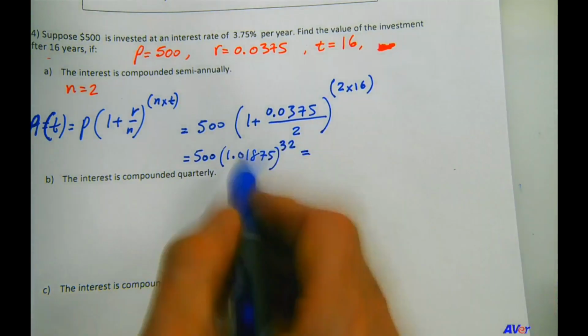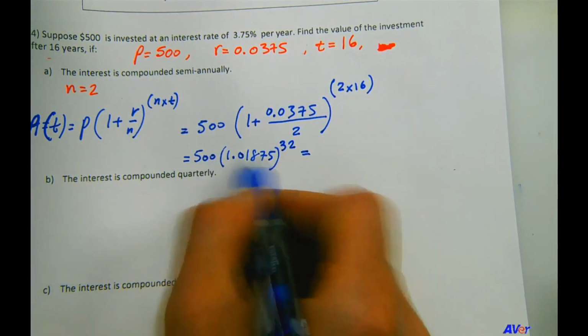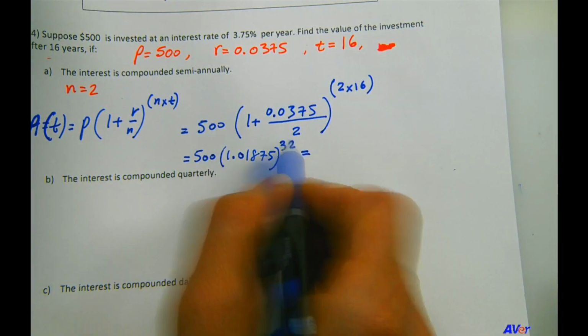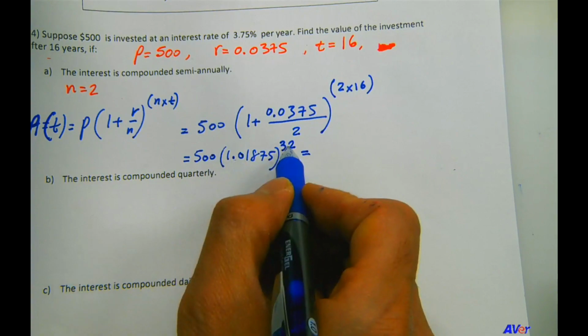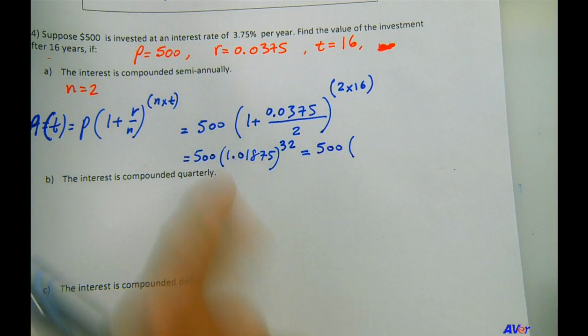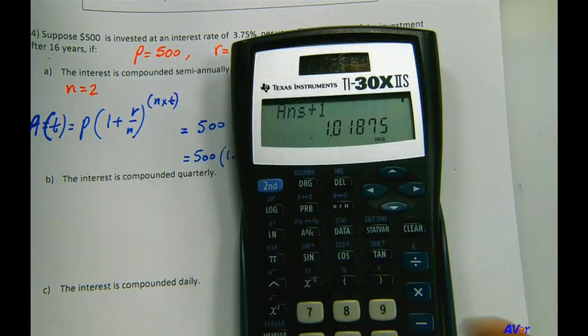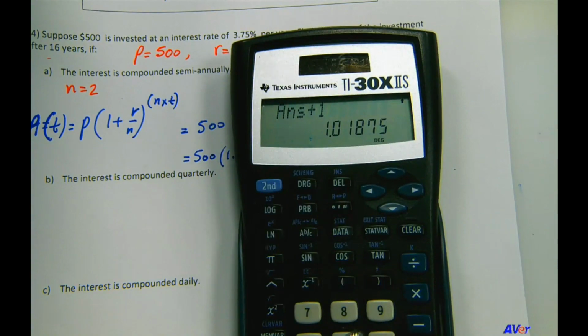Now, again, following the order of operations, don't multiply 500 by this and then raise it to that power. Raise this number to that power first. So let's raise that number to power 32. Okay, let's see what we get.